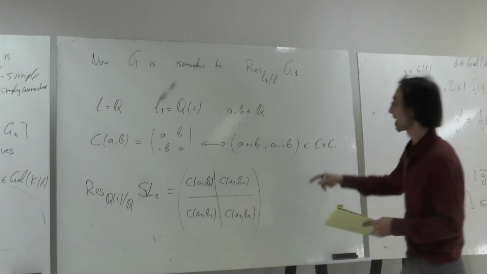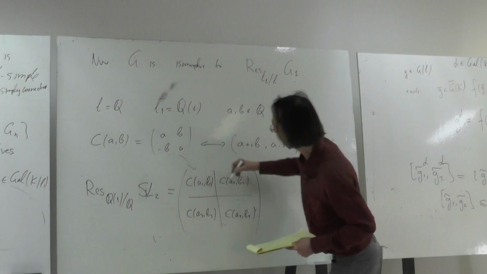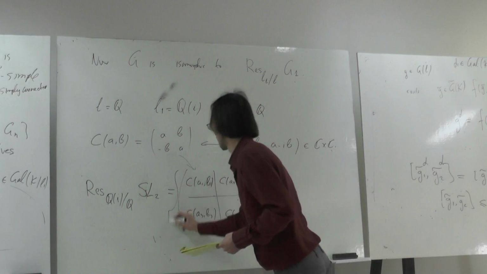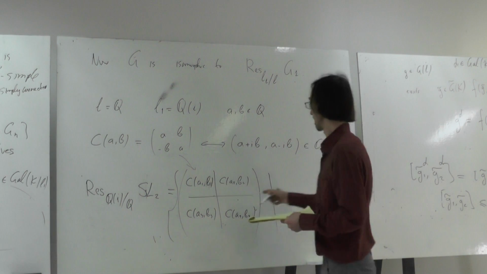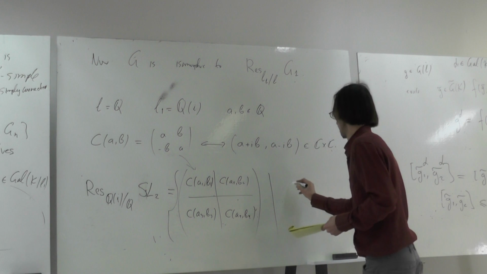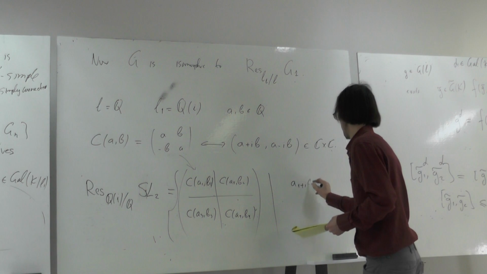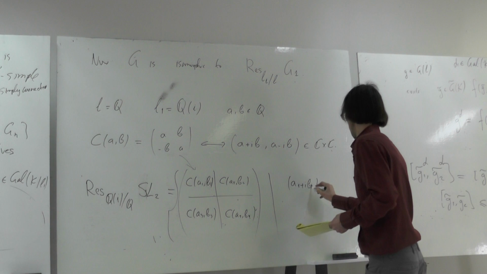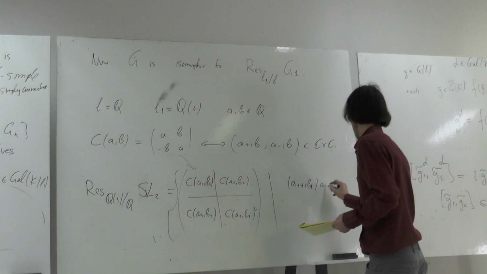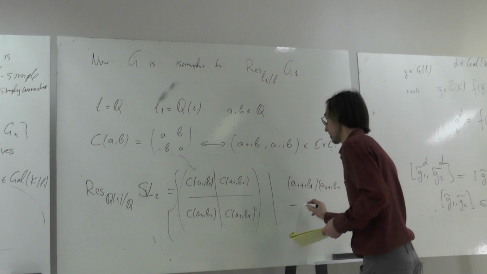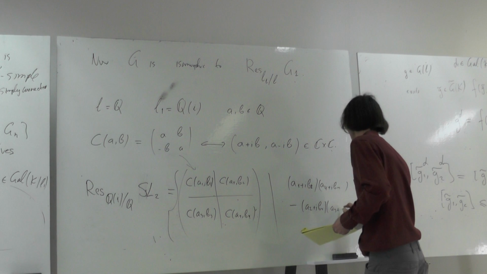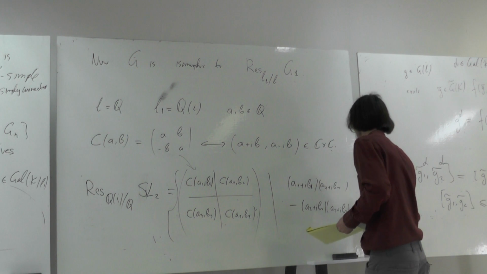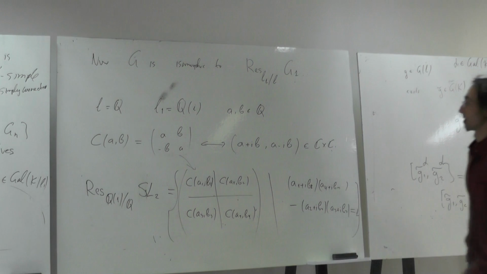So this is a 4x4 matrix where we put these blocks around, and we want the condition that the determinant is 1. So the condition is simply that (A1 plus iB1) times (A4 plus iB4) minus the others equals 1.